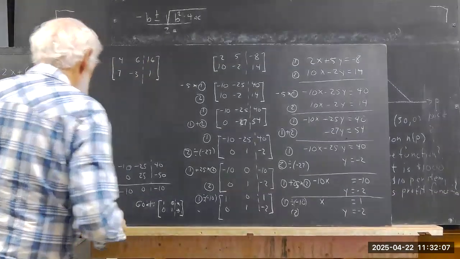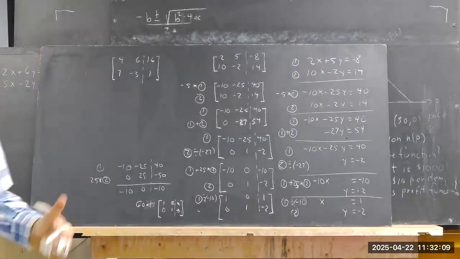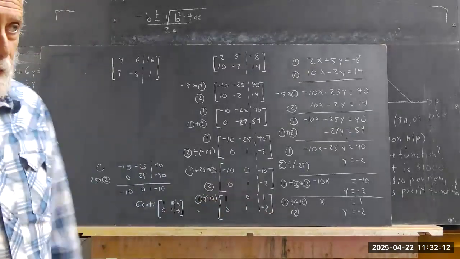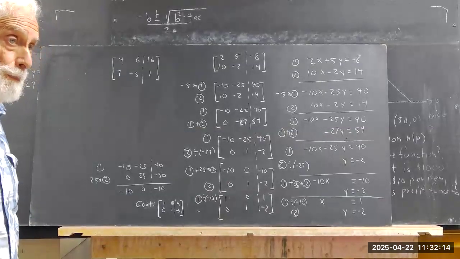I think that'll come out without a fraction. Because I'm trying to avoid fractions because we just want to see what the process is. I'll look at it again and make sure it works.